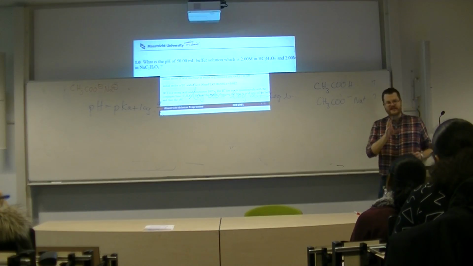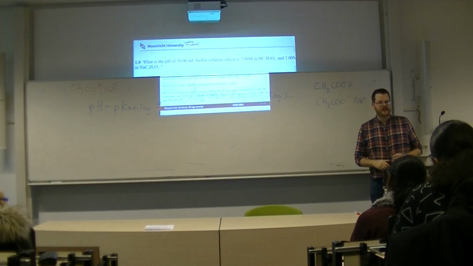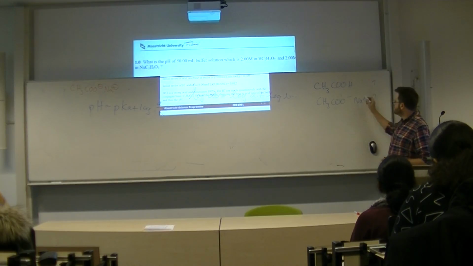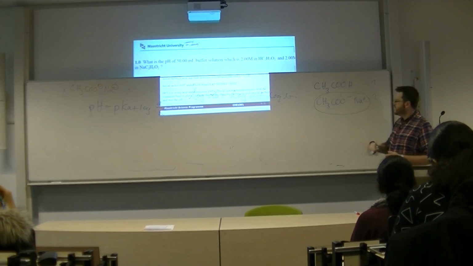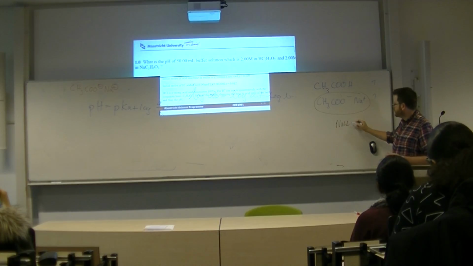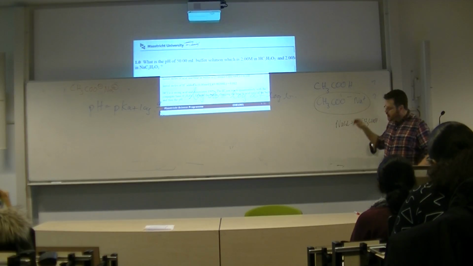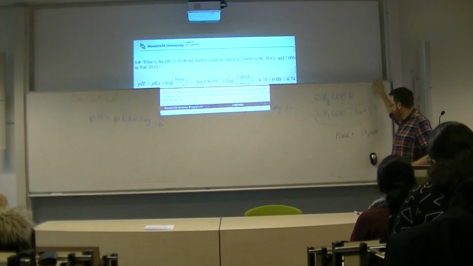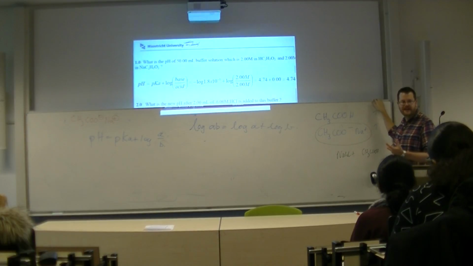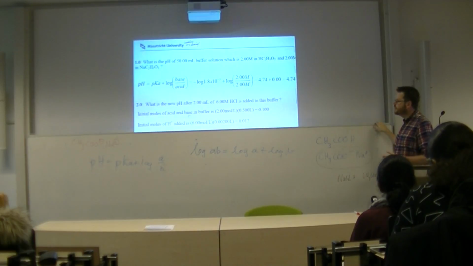Now I'm adding HCl. What's the buffer going to do? The HCl is going to react with this guy here, and we're going to end up with sodium chloride and what? CH3COOH. So, in fact, it's going to resist the change in the pH. That's how the buffer works.